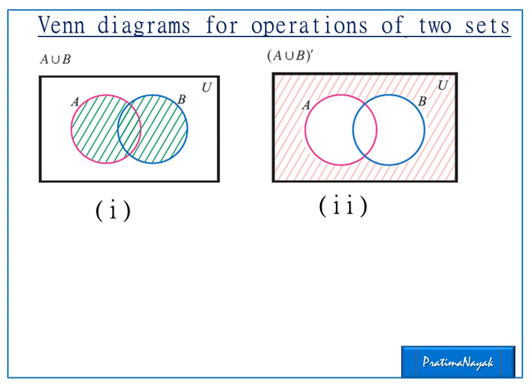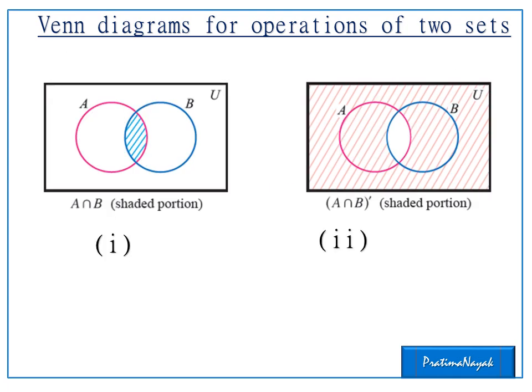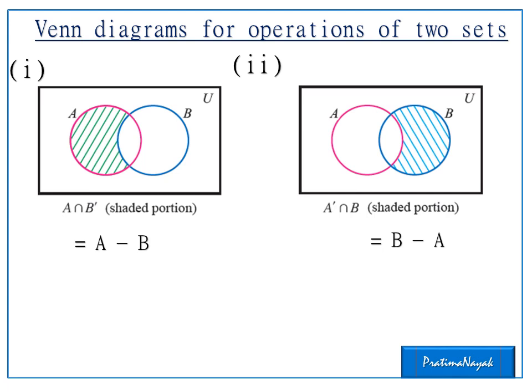We go for some Venn diagrams to show different operations. First is A union B and the right side is A union B complement. Can you explain these two Venn diagrams? Yes. First is A intersection B and second is A intersection B complement. Here we observe two Venn diagrams. In first figure it is A intersection B complement.